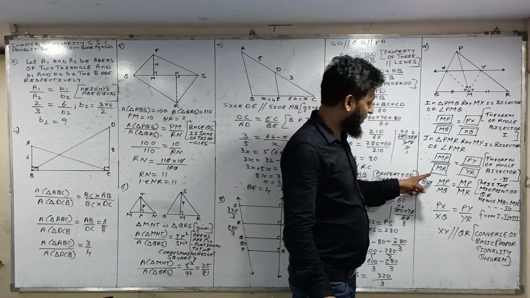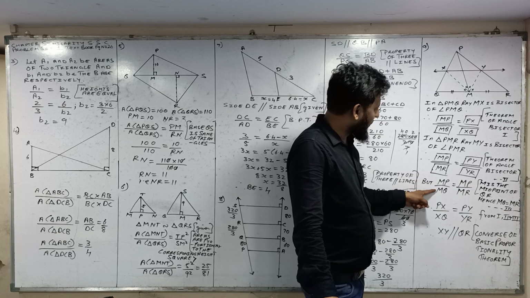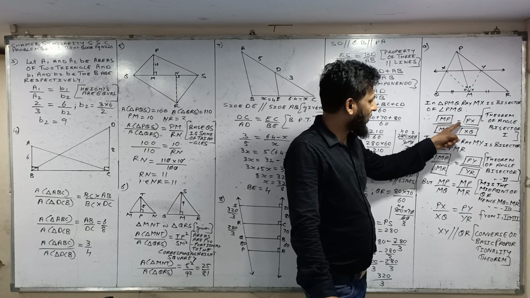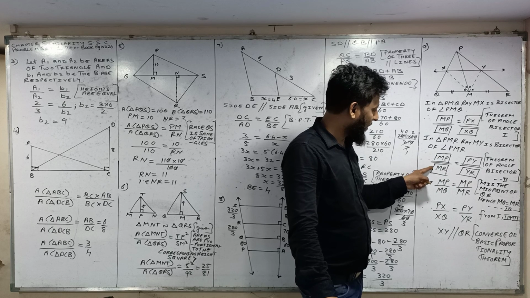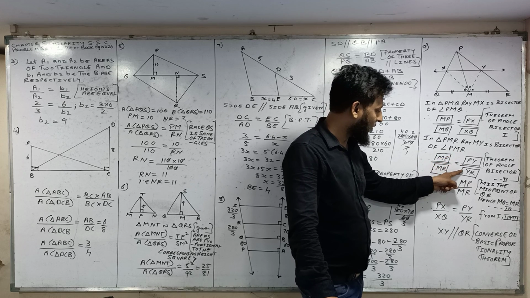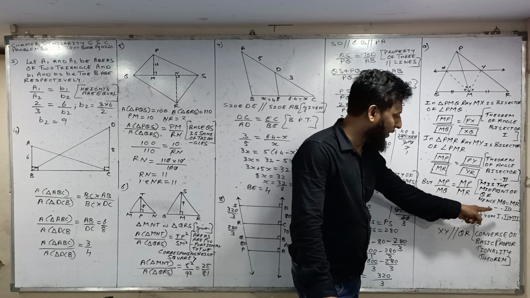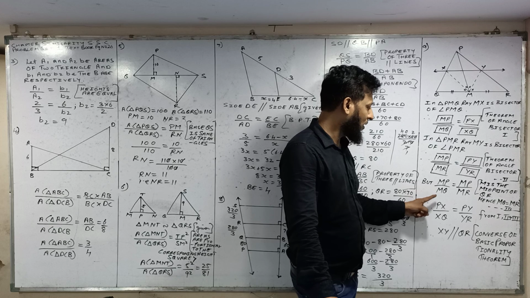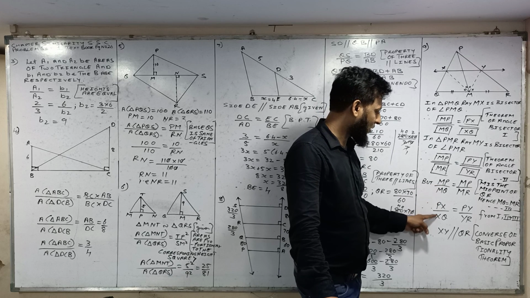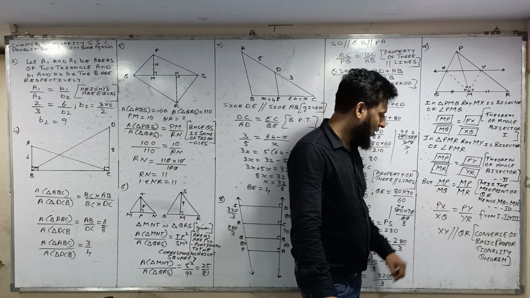Now for this MP upon MQ we can write PX upon XQ, and for this MP upon MR we can write PY upon YR. From 1, 2 and 3. This is 1, this is 2, and with the help of 3 we can write PX upon XQ equal to PY upon YR.